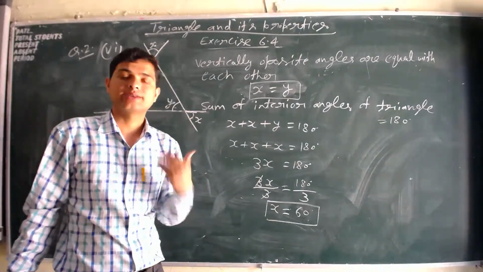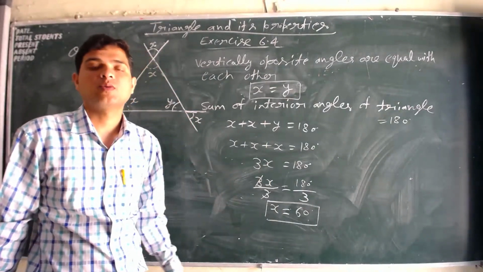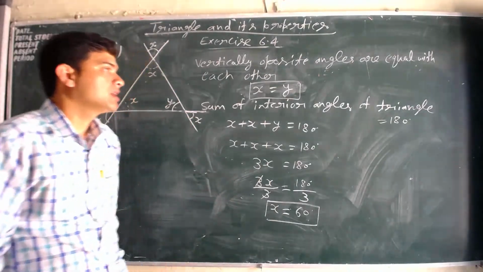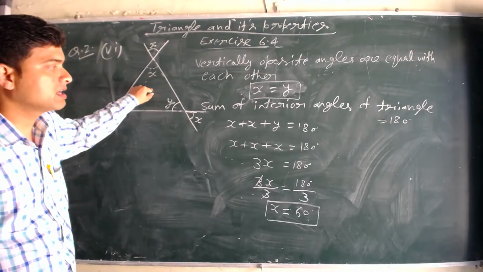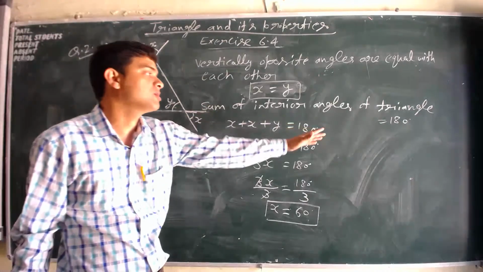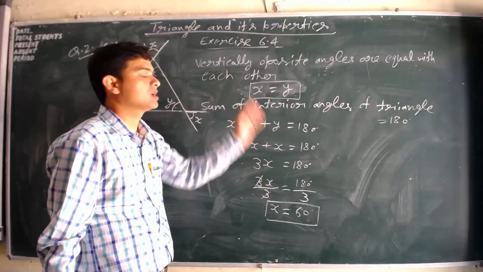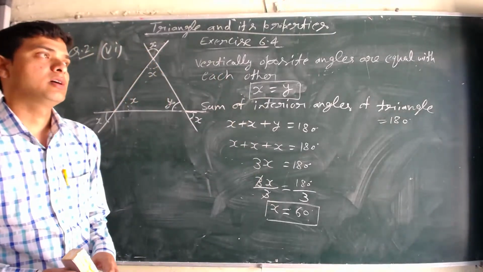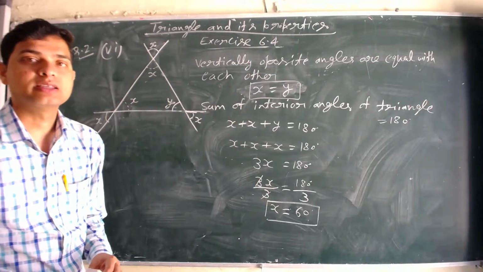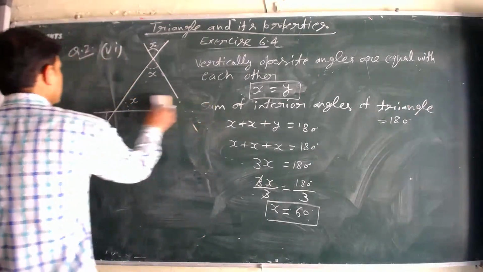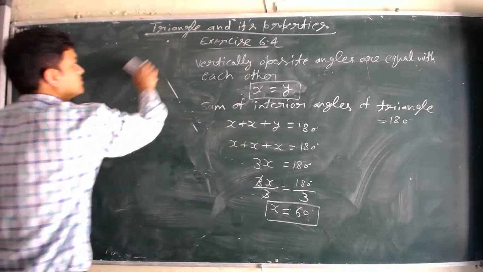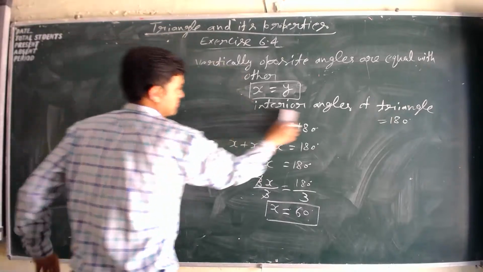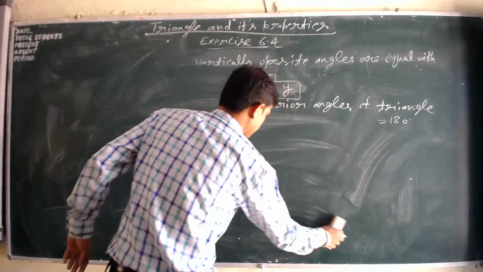These are: exterior angle is equal to the sum of two opposite interior angles, and the sum of interior angles should be equal to 180 degrees. और ये property जो है हमने exercise 5 में पढ़ ली थी, lines and angles. Okay, now exercise 6.4.